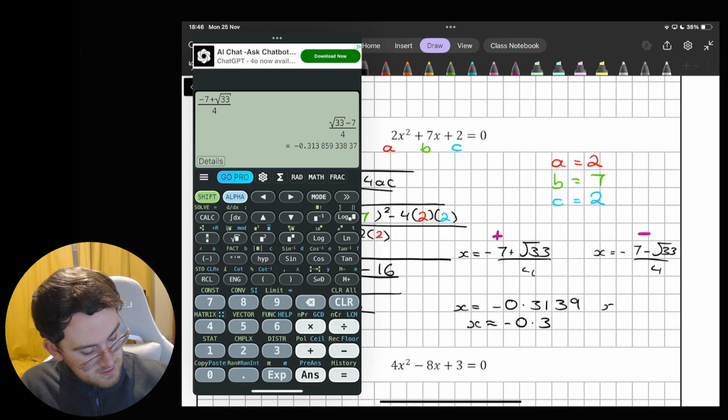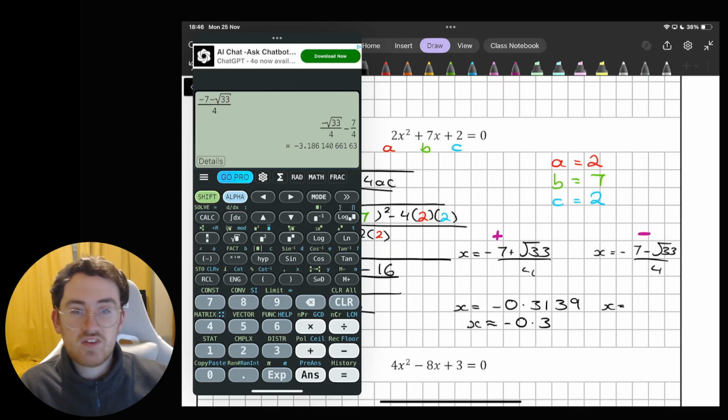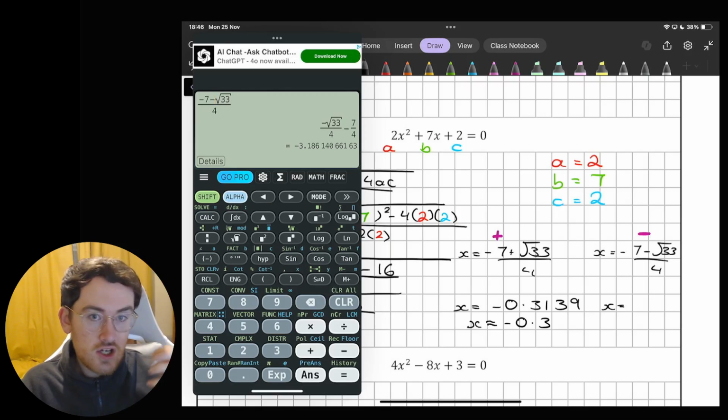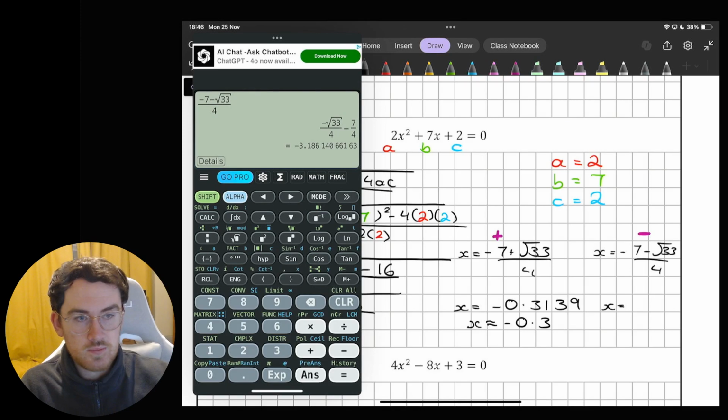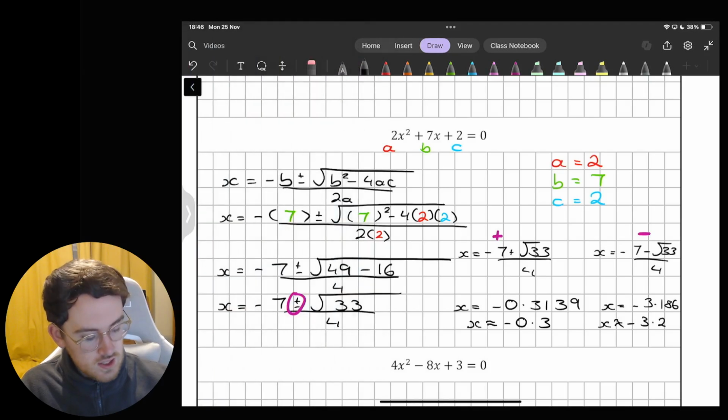And in the negative case, I might go back to my fraction and change that to a minus, to ensure I've typed in the same thing, being careful, obviously, that in the first place you've typed it correctly. That'll give me minus 3.186, which will round to minus 3.2. So my two answers are minus 0.3 and minus 3.2.